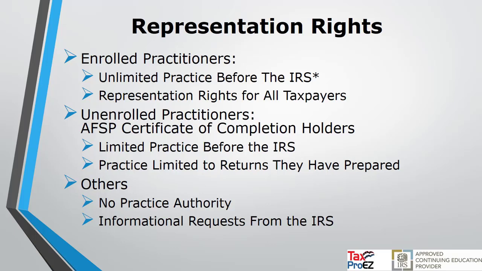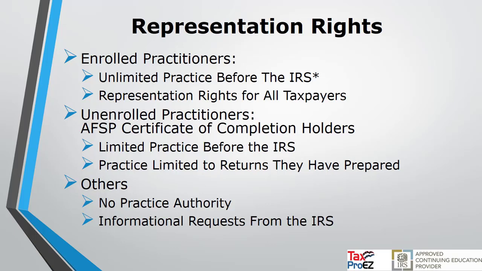Now you notice that there is an asterisk, because enrolled agents have a federal license which allows them to practice in any jurisdiction of the United States and really outside of the United States, wherever the IRS has a presence. Attorneys and CPAs are limited to those states where they are admitted to the bar, are members of the accountancy practice, where they're licensed in that state.